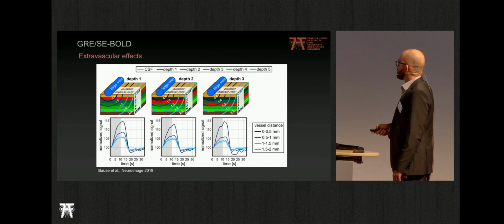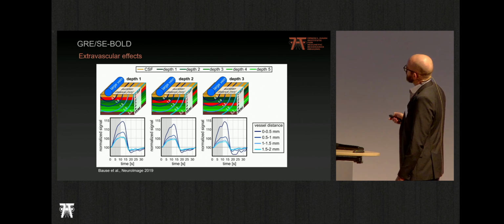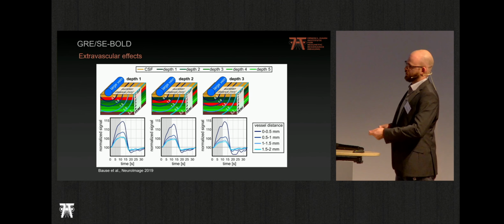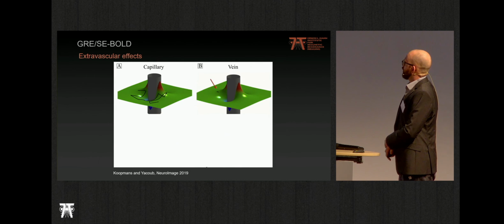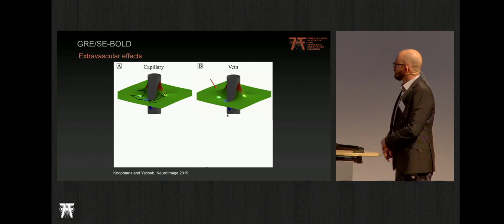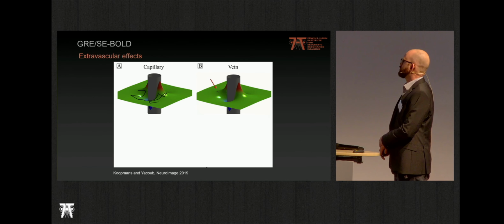You can see, for instance, that at depth 3, like here, you are sensitive to signal changes which are 1.5 or 2 millimeters away from this large vein. So this vein affects what you measure in mid-gray matter. And this is a problem for gradient echo BOLD. Now, I want to explain briefly why spin echo BOLD is more specific compared to gradient echo BOLD.